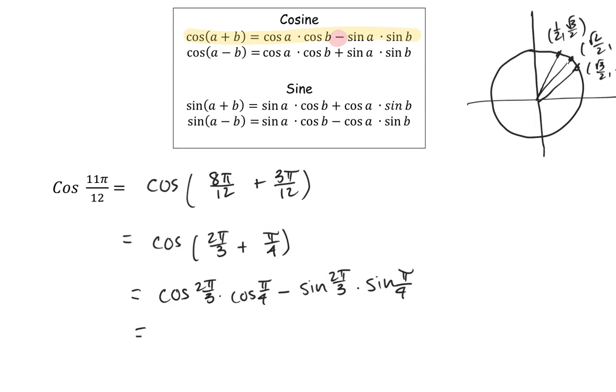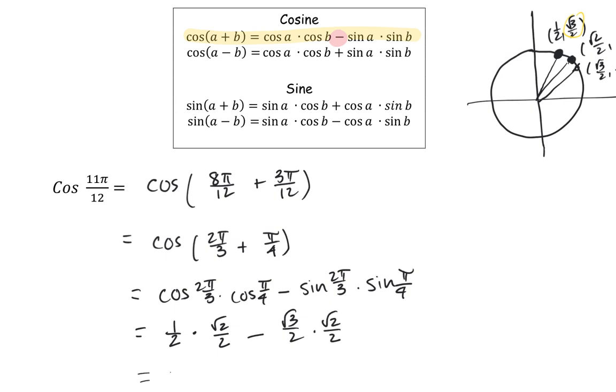So cosine of 2 pi over 3, that is this one right here. Cosine is the x, so that simplifies to negative 1/2. Cosine of pi over 4 is root 2 over 2. Sine at 2 pi over 3 is square root of 3 over 2, and sine at pi over 4 is square root of 2 over 2.